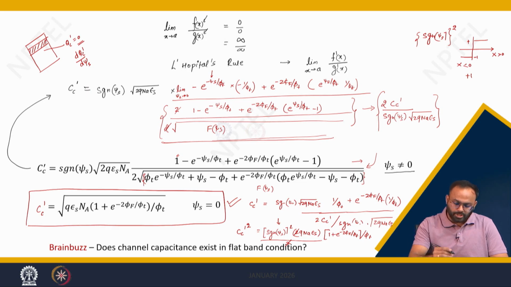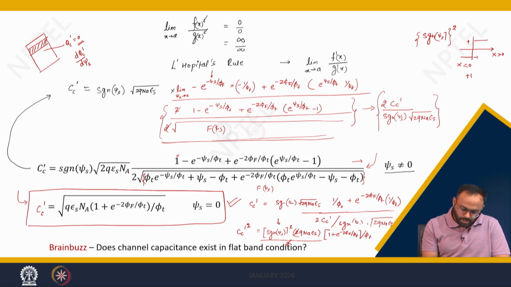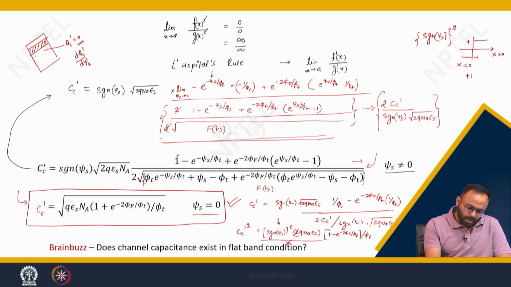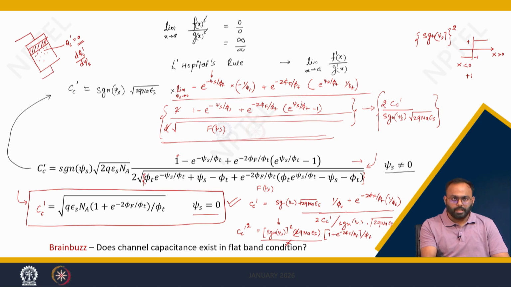So we are actually measuring the small signal capacitance, which does exist in the flat band condition. That is what it shows, because psi s is 0, meaning we are in flat band. In the flat band condition we do have charge carriers in the semiconductor. The moment you apply a small perturbation, these charge carriers will respond immediately, and hence the small signal capacitance will come into the picture even in the flat band condition.